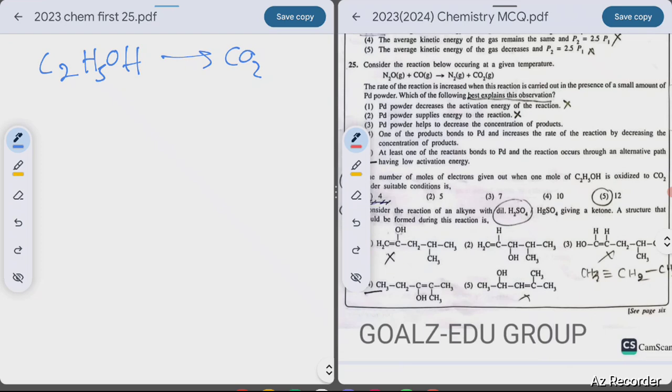So, how does this oxidation happen? Here we have CH3, then CH2 and OH, plus oxygen, it will give carbon dioxide and H2O.